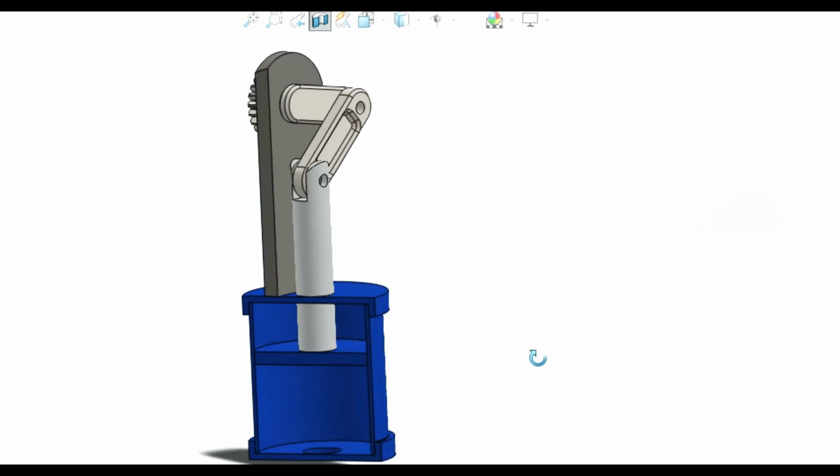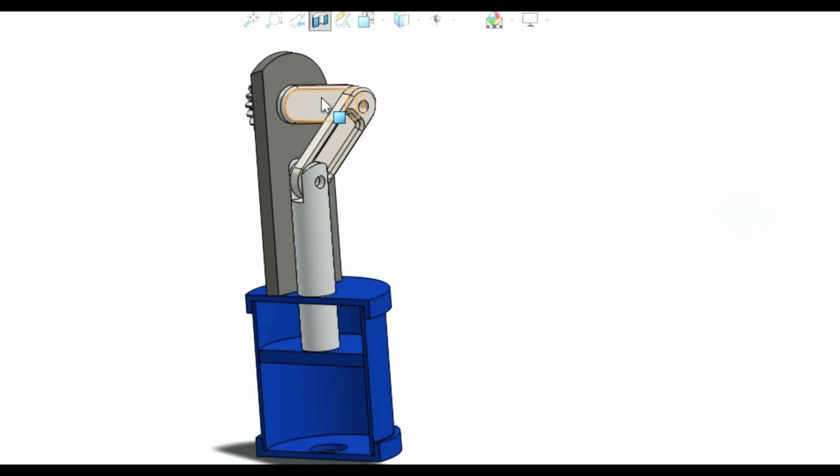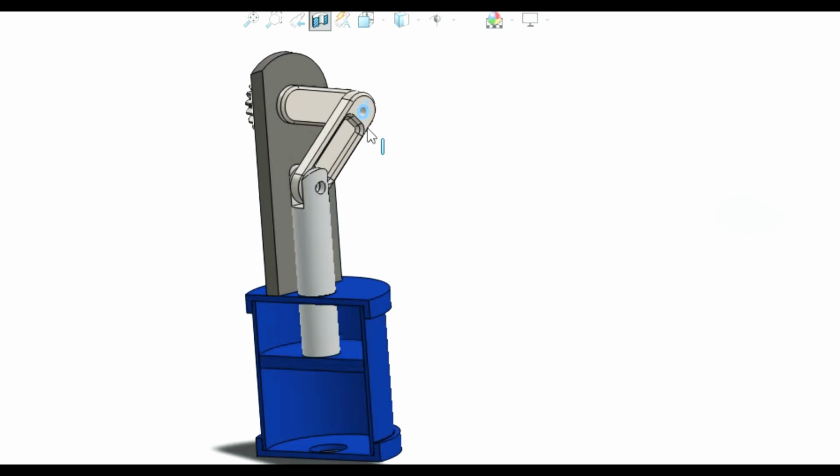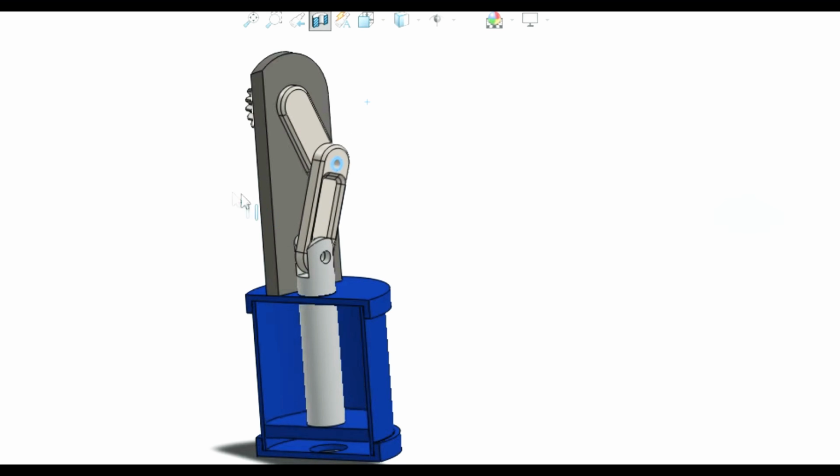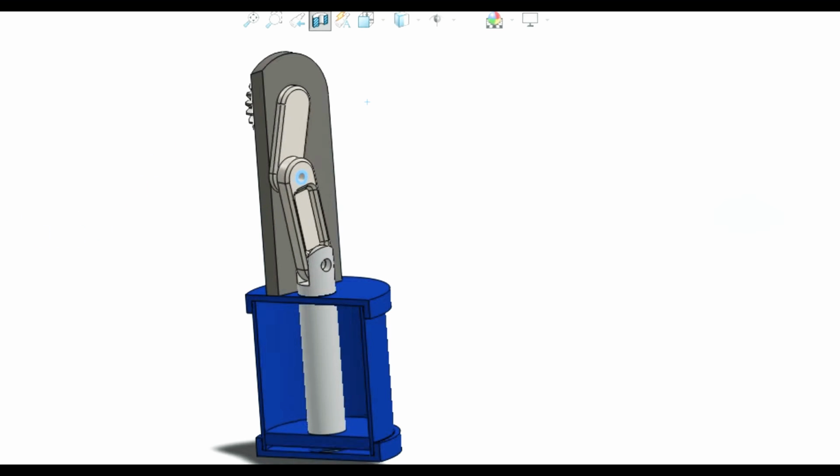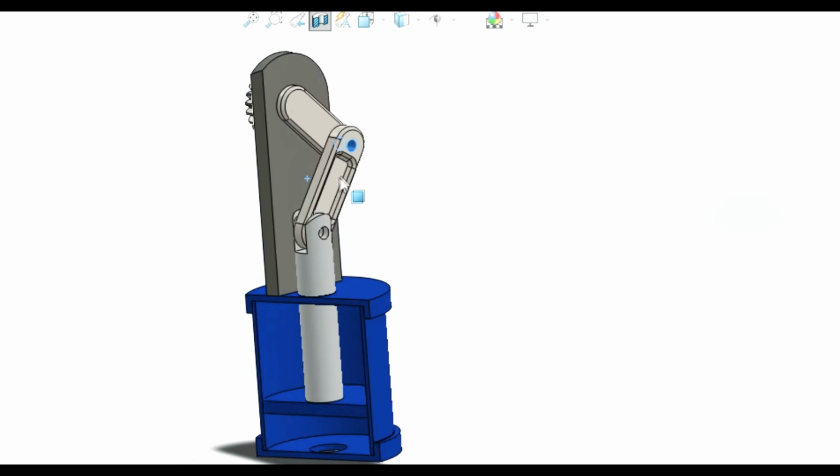As the gear moves, it causes the connecting rod and crankshaft and everything to move accordingly, causing a reciprocating motion. As it reciprocates, the piston head moves up and down.